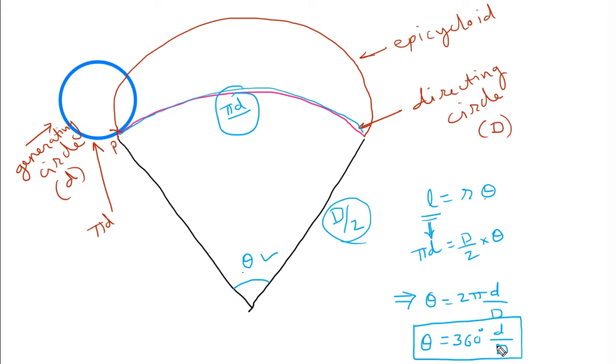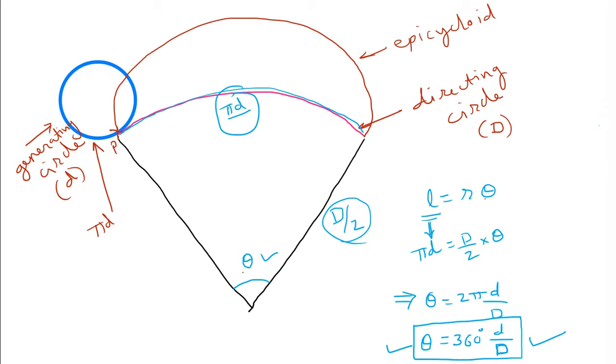This formula is important to estimate the theta covered by the generating circle when it rolls on the directing circle of diameter capital D. So for the construction of the epicycloid, as a first step, we need to calculate theta.